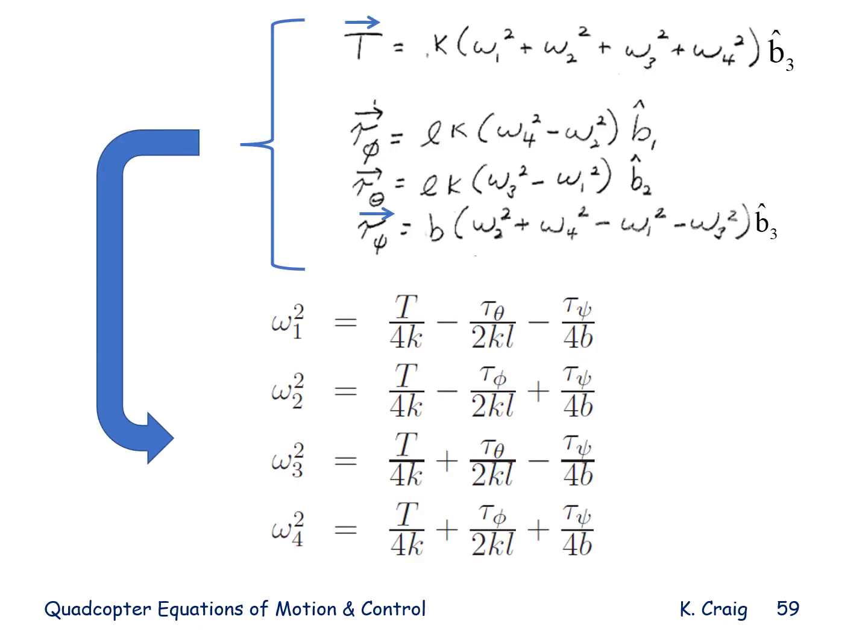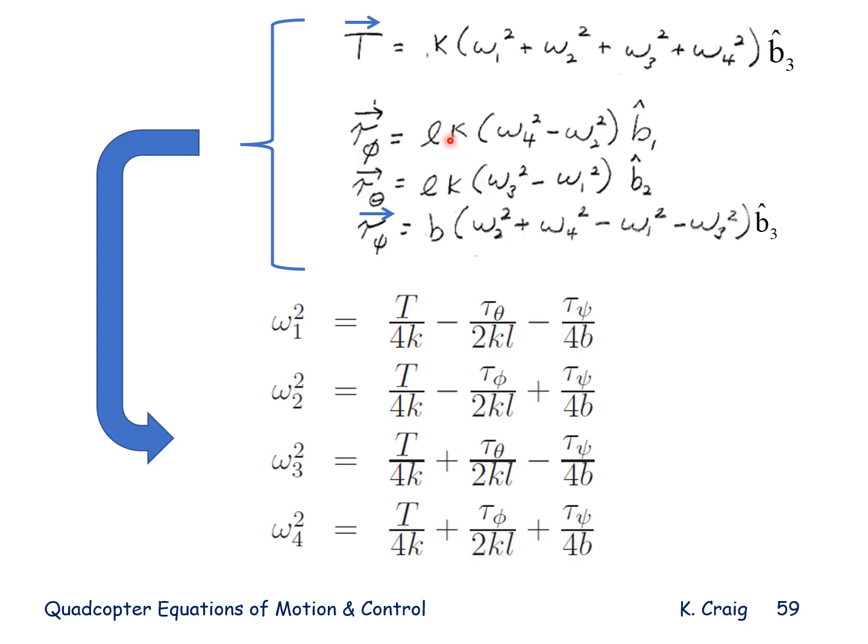I can obtain additional useful expressions by remembering that the thrust T is given by the lift factor times the sum of the squares of the propeller speeds. And the moments in roll, pitch, and yaw are given by these expressions in the direction shown.